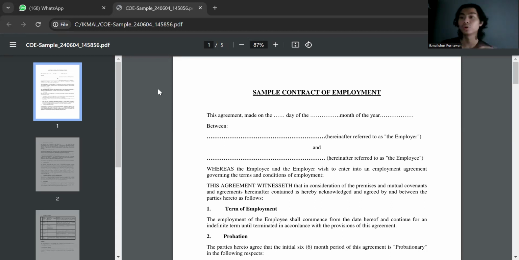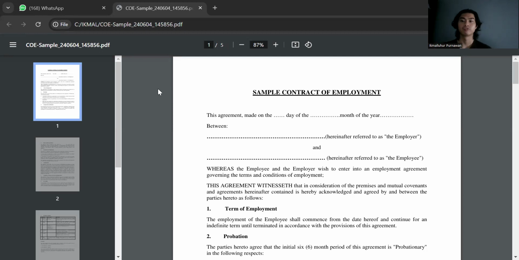There are an employee and an employer in this contract. The employer is who gives the job, and an employee is who works the job. So the contract is to validate or legalize the agreement between these two parties.